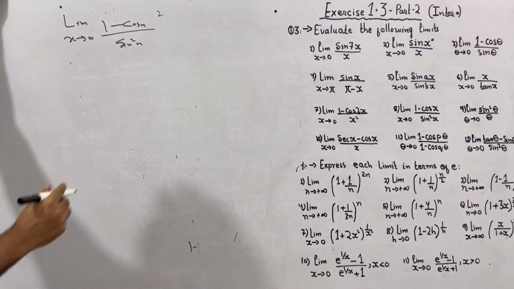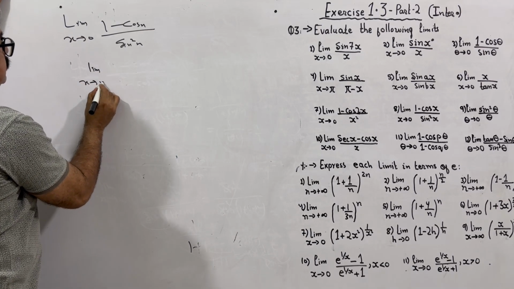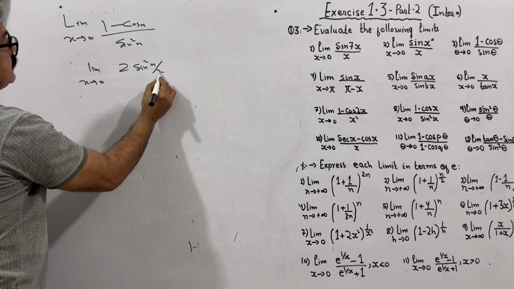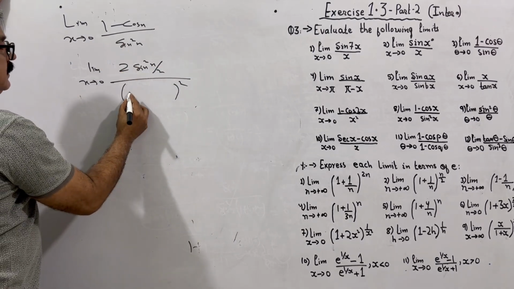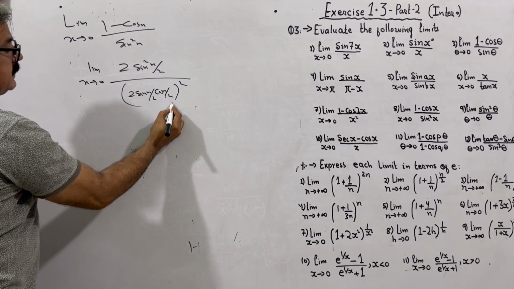Adopt another strategy. Limit x tends to 0. The third method: 1 minus cos x can be written as 2 sine square x over 2. Sine x can be written in half angle as 2 sine x over 2 cos x over 2.